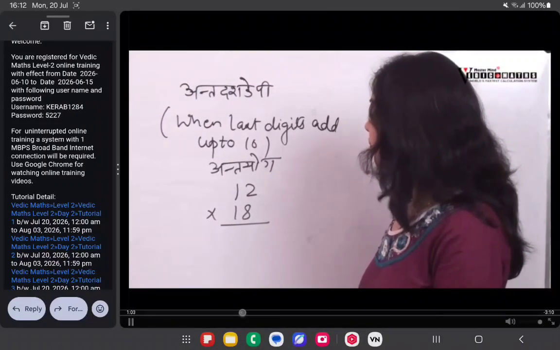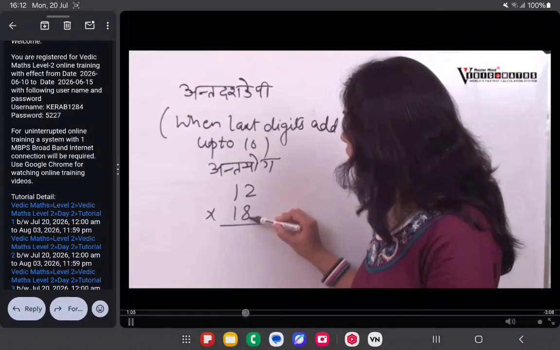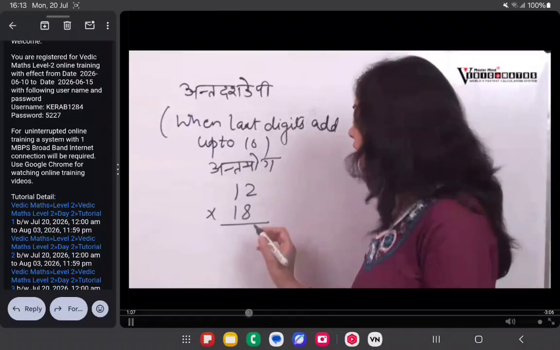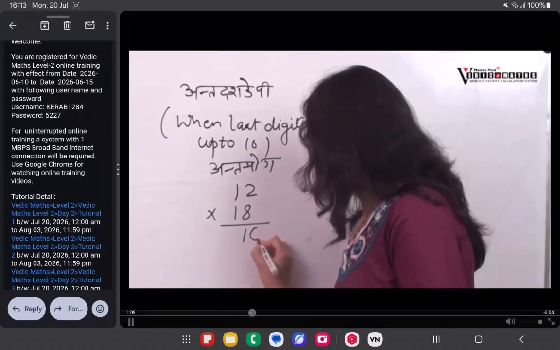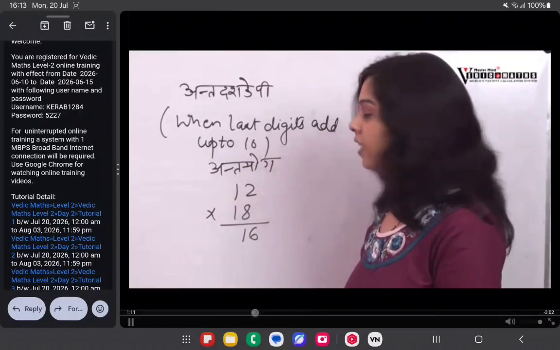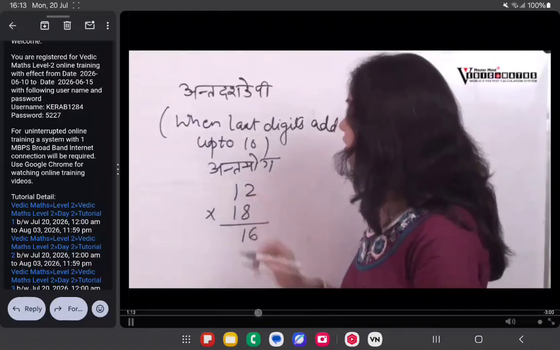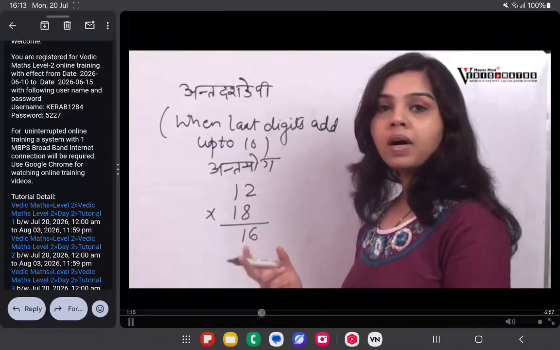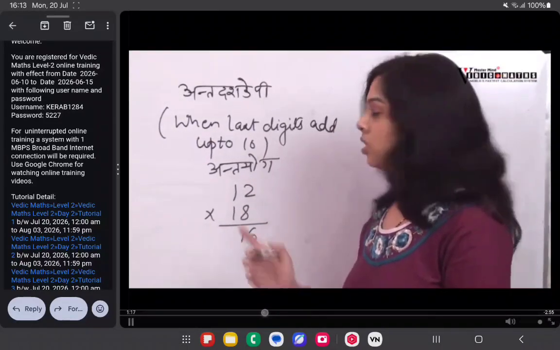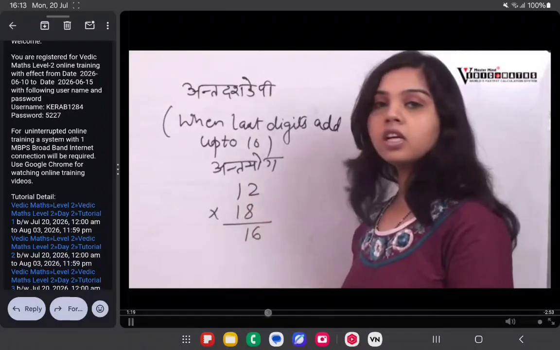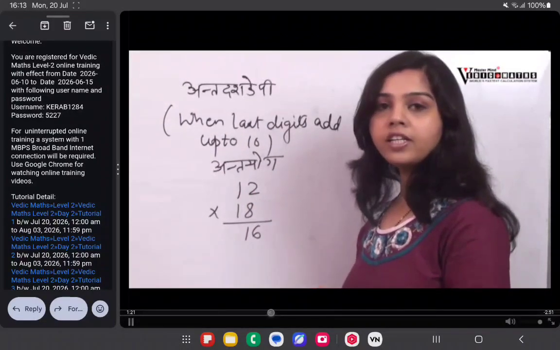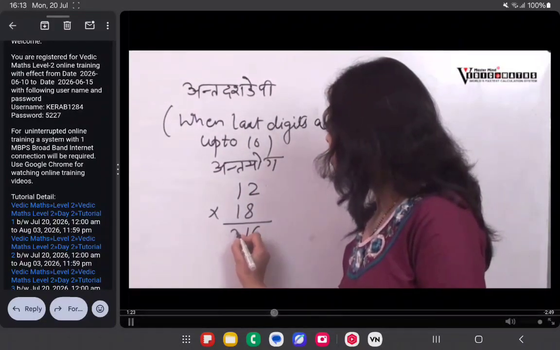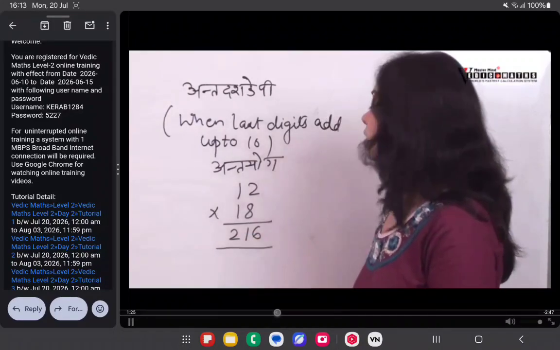So the process will be 2 into 8, that is 16, and for this digit 1, we multiply 1 by its consecutive number.